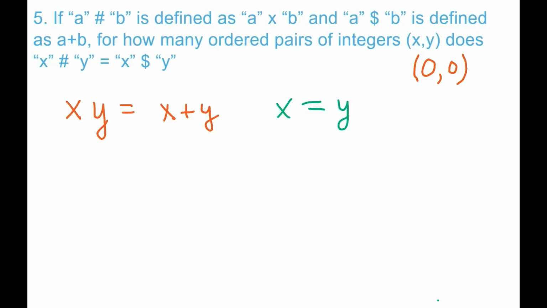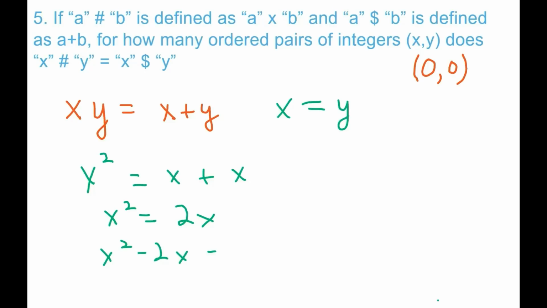So now, using substitution, let's plug y back into the original equation. For y, we get x squared, as y is now replaced with x. And on the right-hand side, we get x plus x. So this is x squared is equal to 2x. Subtracting 2x from both sides, we get x squared minus 2x equals 0.